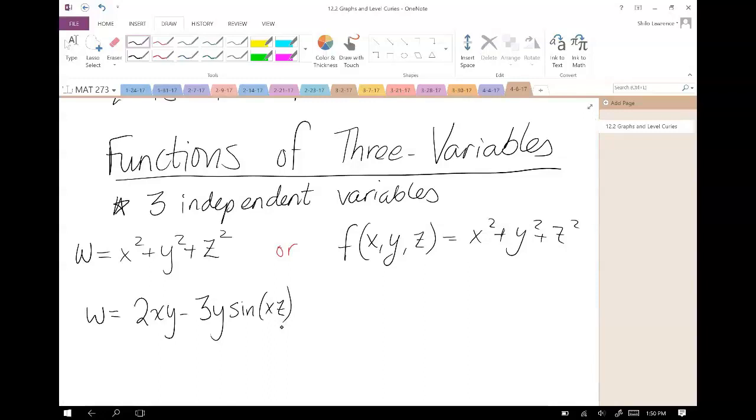w equals 2xy minus 3y times the sine of xz. Just another example of a function of three variables. On the right-hand side, we see x, y, and z all as independent variables.